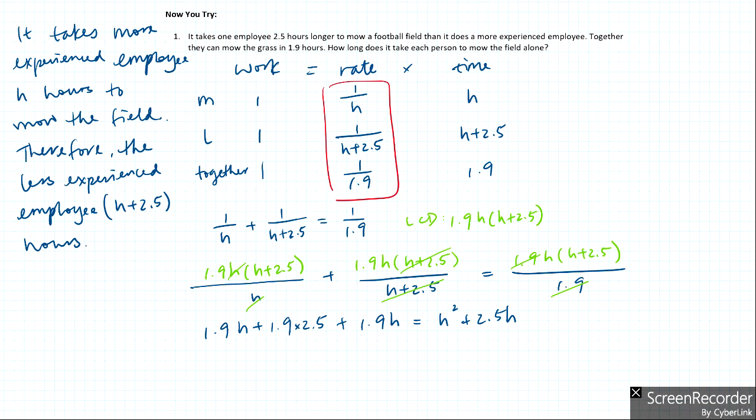So now let's combine like terms on each side. On the left hand side we have 1.9H plus 1.9H, which is equal to 3.8H, plus 1.9 times 2.5 is 4.75, and this is equal to H squared plus 2.5H.